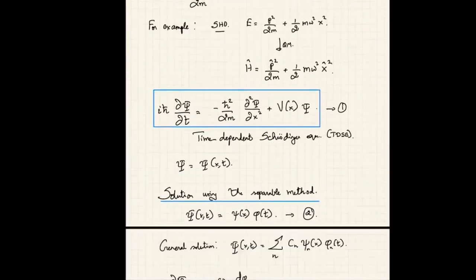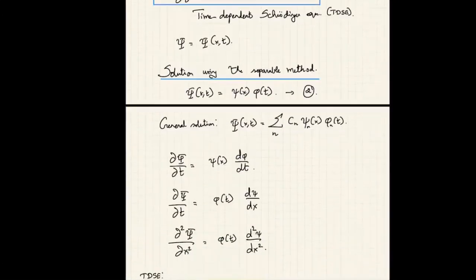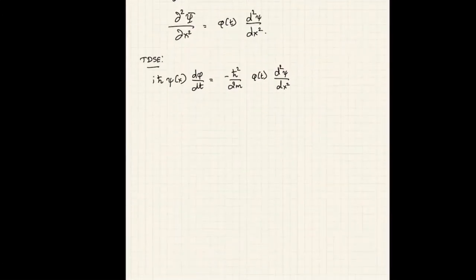That comes from the first part of this equation, the kinetic energy part, plus the potential energy term, v of x times capital psi, which is nothing but psi of x times phi of t. Okay, so this is my time-dependent Schrodinger equation.